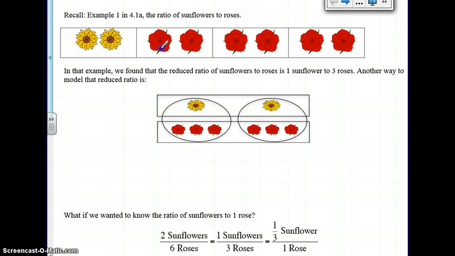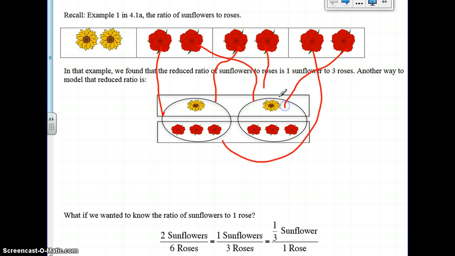If I divided these roses, I'd put one here, one over there, one here, one here, and then one more there, one more there. So each group would get 3 roses. So the ratio of sunflowers to roses is 2 to 6, but we could also say that if we divide up these roses, there's a 1 to 3 ratio as well. We were basically reducing the ratio.